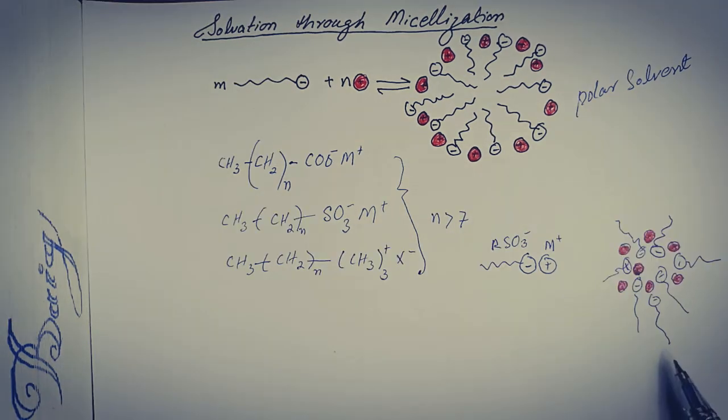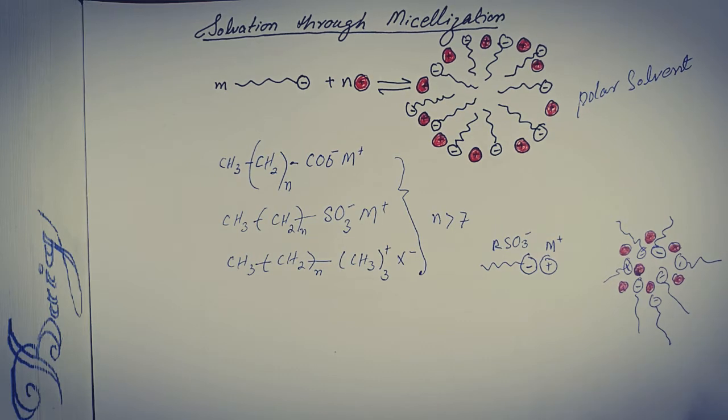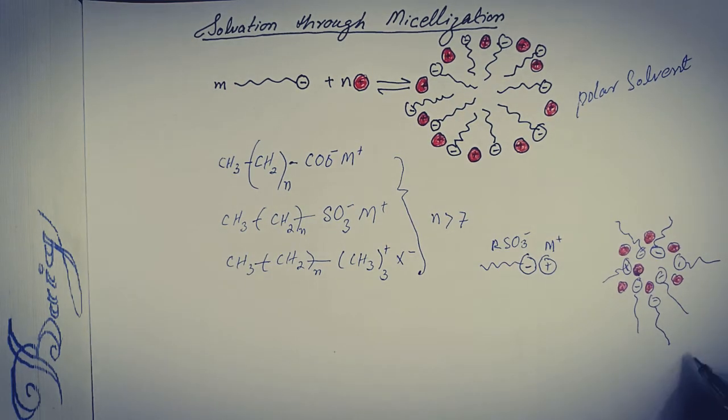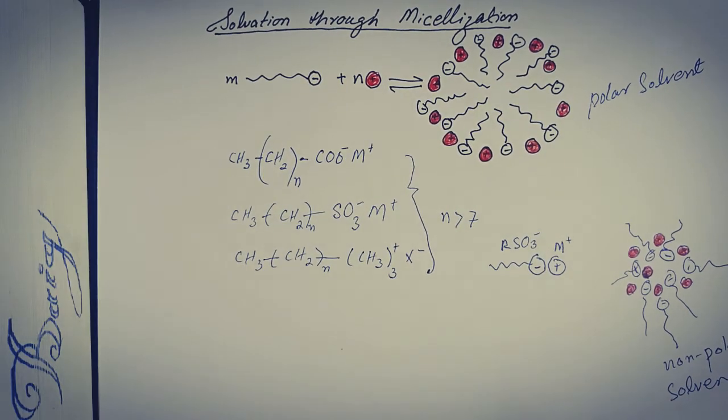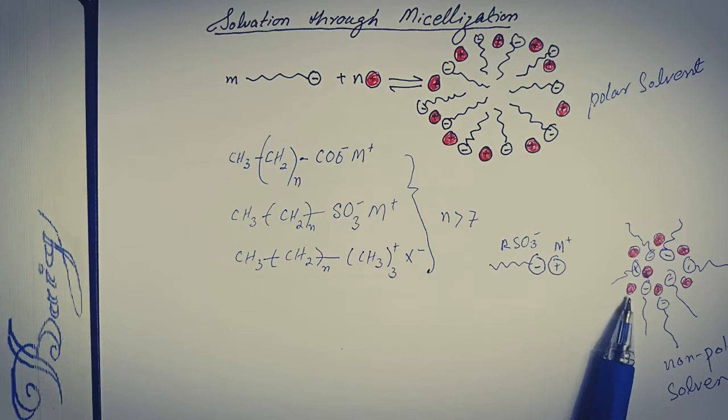So here we have a structure of an inverted micelle when we use the amphiphilic molecule in the non-polar solvent, and in this case again the micelle is stabilized through the Coulombic force of attraction between the counter ions and the polar heads of these amphiphilic molecules.